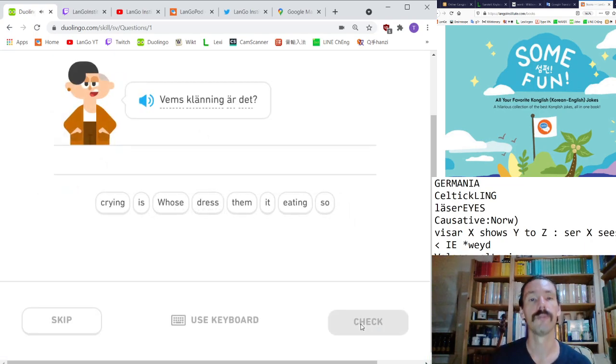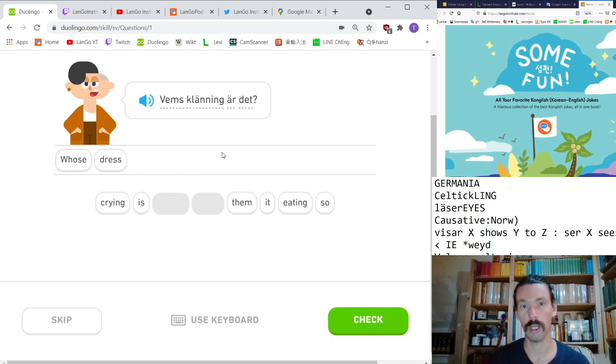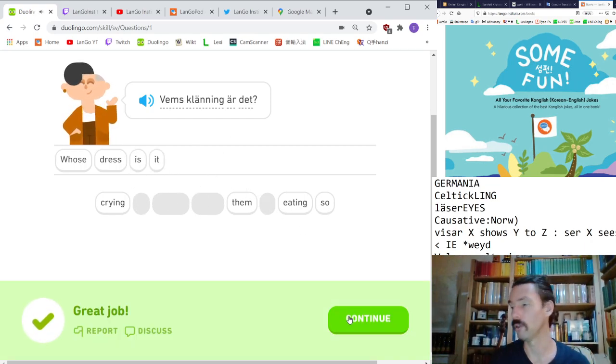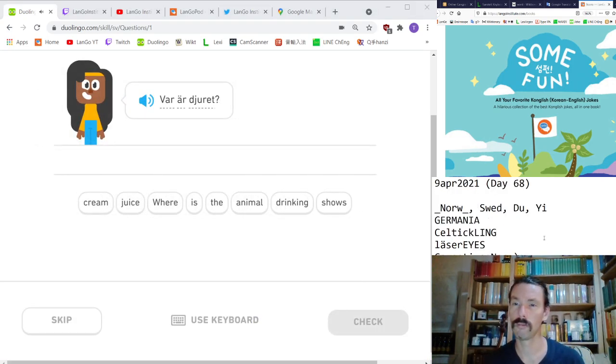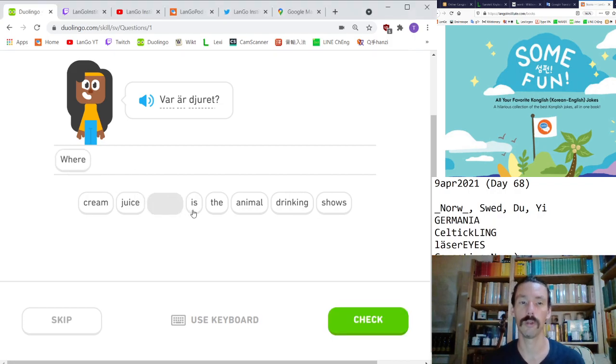Vems klänning är det? Vems. In English we have whose with just a fricative. Vems, no nasal there. Whom's would be a closer match for this. Whose dress is it? With inversion. Var är djuret? Var, so with the R ending, where is the animal.